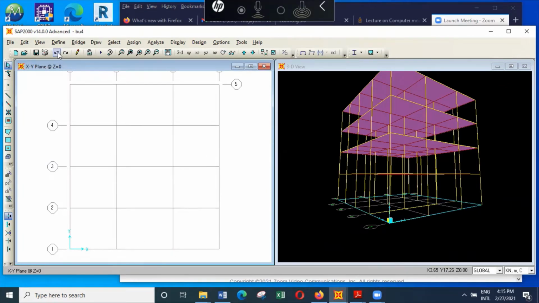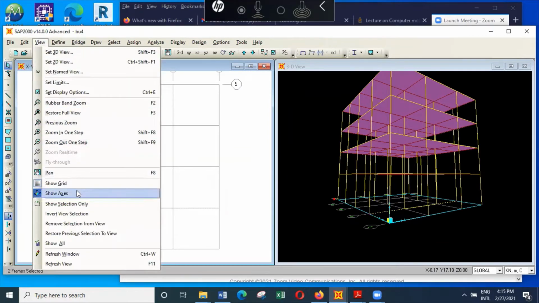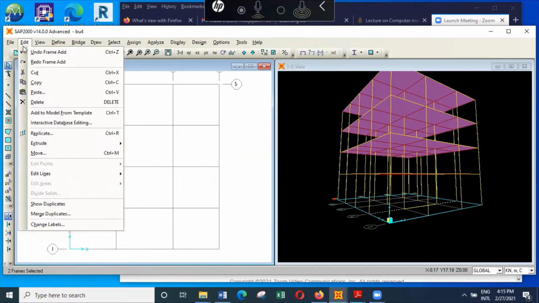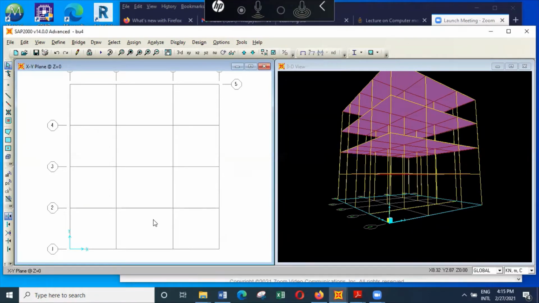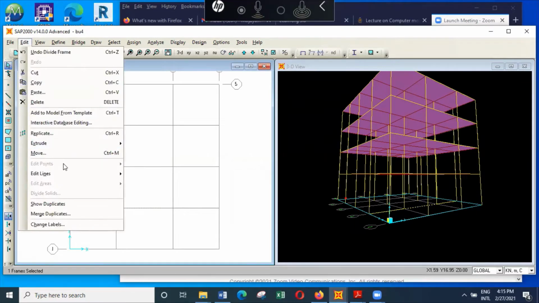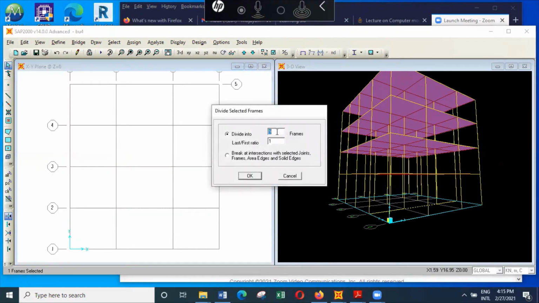What I do is I will select those three and divide frames. Divide into 4.5 means 9:1, and this is 5.5, so I have to divide it into 11:1.